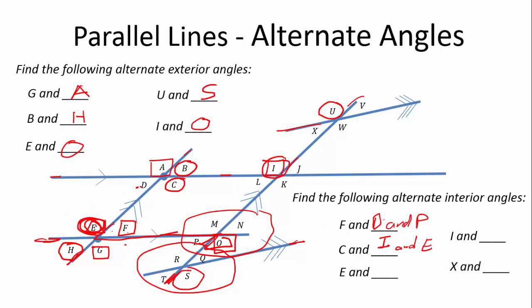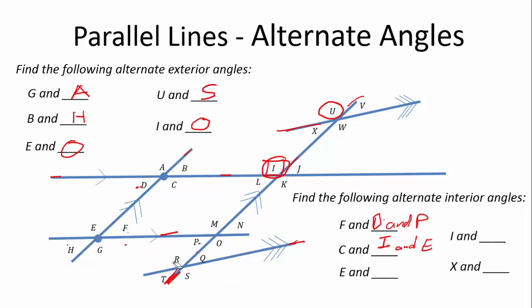E is an exterior angle for these two parallel lines shown going here. So we can see that E is exterior here, but is E an interior angle here? So we want an alternate interior angle: alternate, the other side, interior on the inside. So it's C. So E and C, but that's the only one.